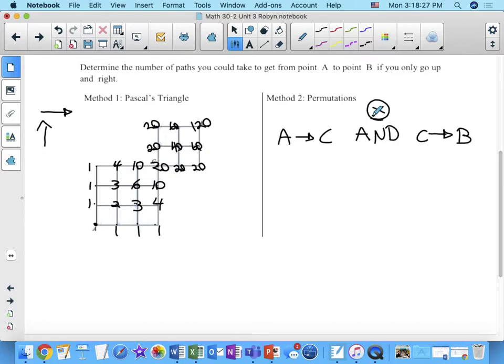Well, A to C, how many blocks are we traveling? We're going up, up, up, right, right, right. 6. So we're going up, up, up, right, right, right. And from C to B, we're going up, up, right, right.